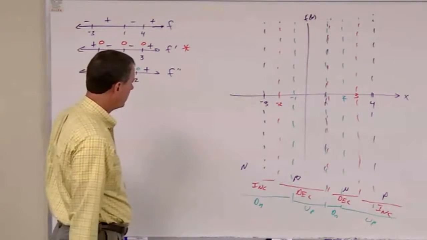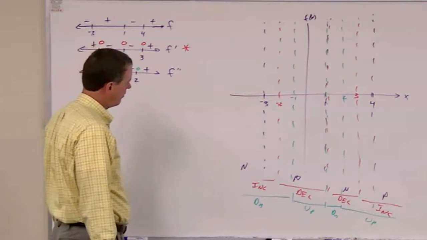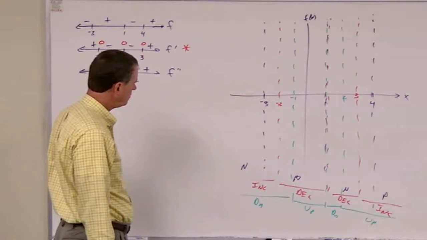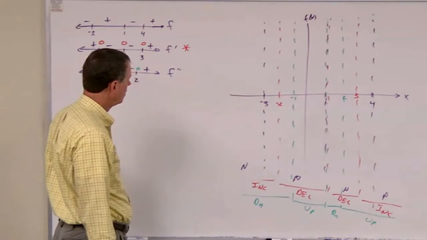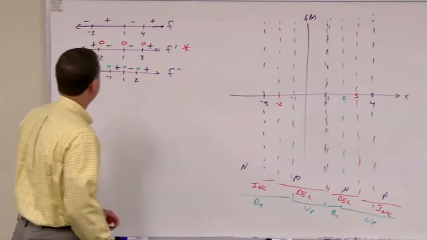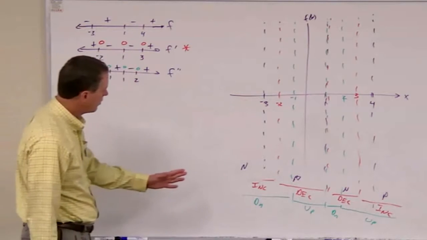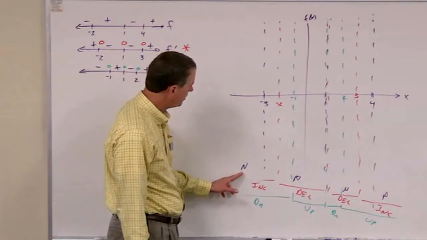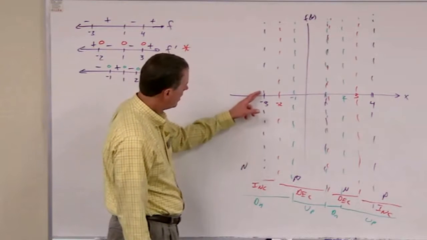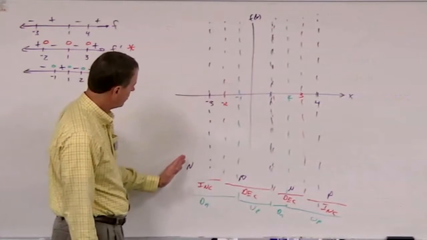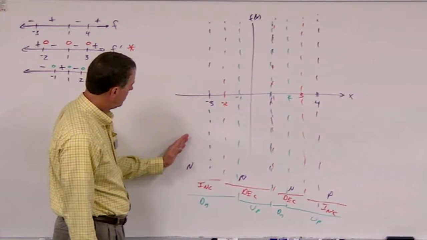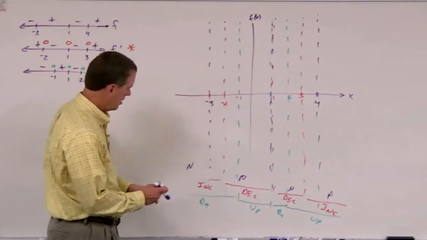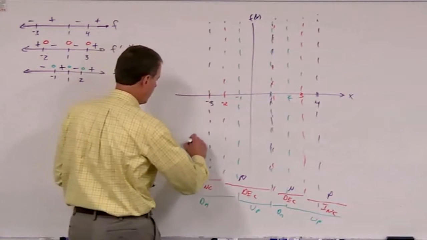Okay, so let's see if we can connect the dots somehow. It looks like we're increasing, but we're on the negative side of things until we get there. Now we're positive, so we're increasing, and then we're negative and concave down.